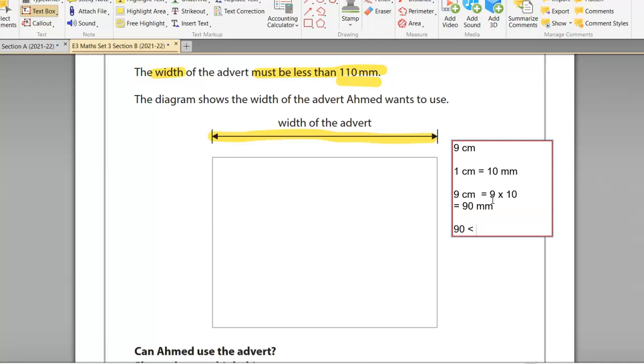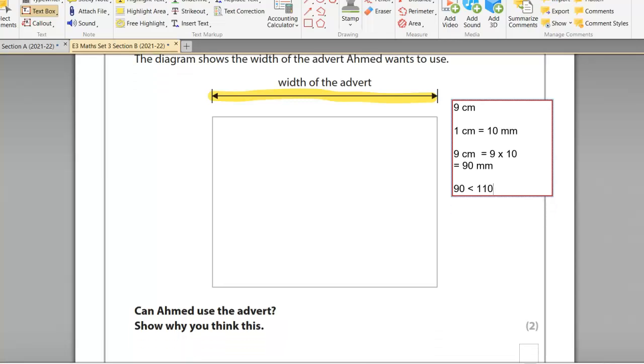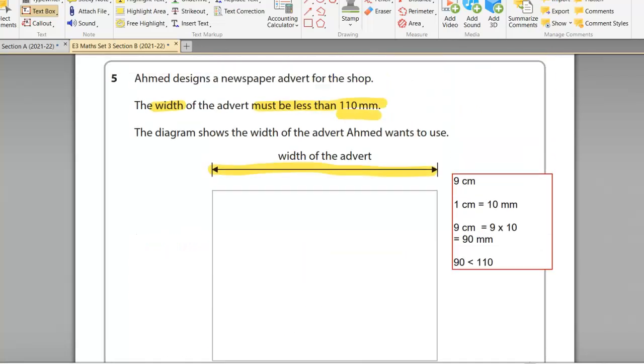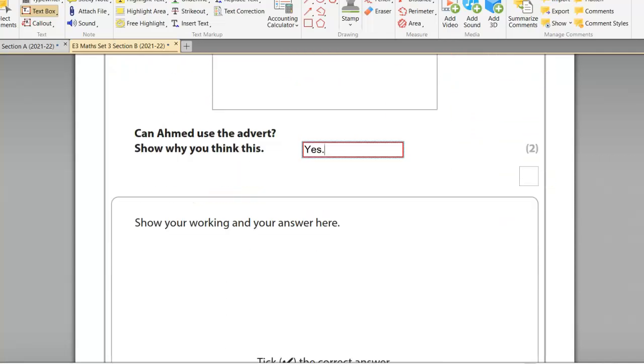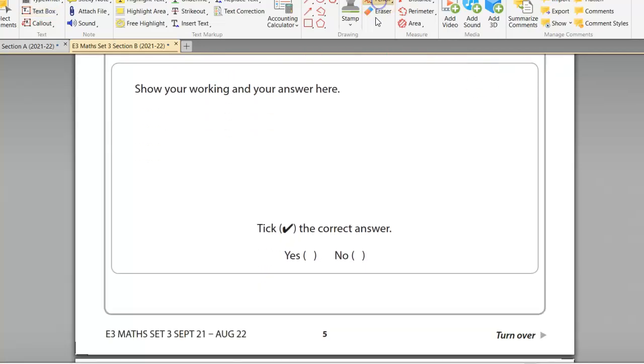And if 90 is less than 110, then that would be okay. So then you could say yes. The advert must be less than 110. 90 is less than 110. So then you could say yes. If you measured that line and it was something greater than 110, then you would have to say no. He cannot use. Okay, so the answer is yes.